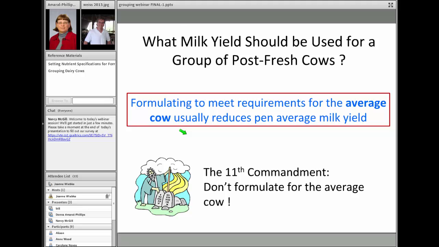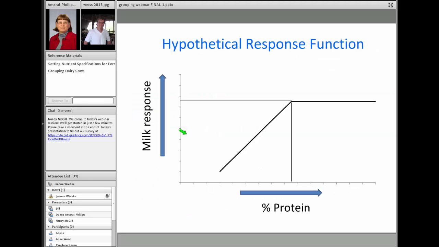So if the pen average is 75 pounds and you formulate a diet that supports 75 pounds, eventually that pen will produce less than 75 pounds. So we don't formulate to averages. The reason is this hypothetical response curve: as I increase nutrients, production increases until something else is limiting production.